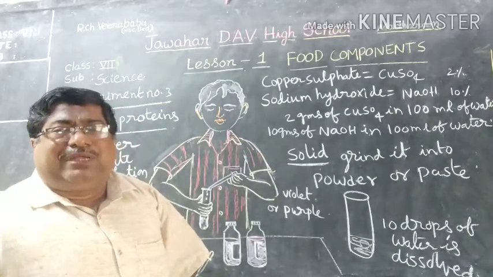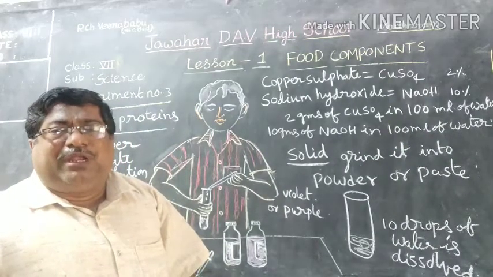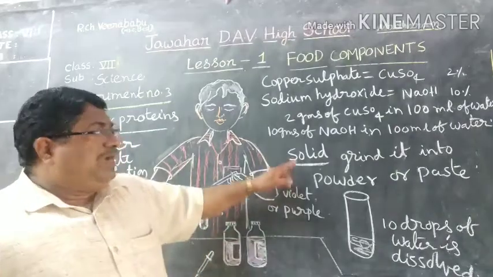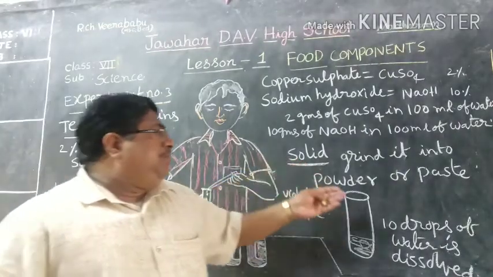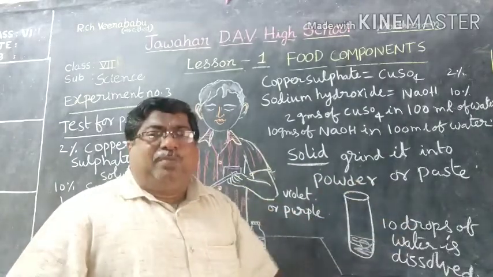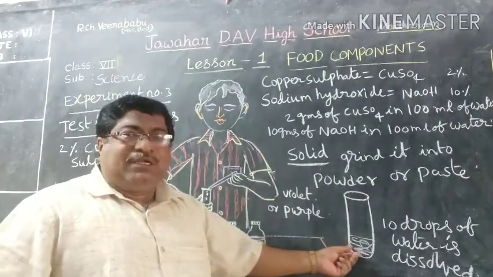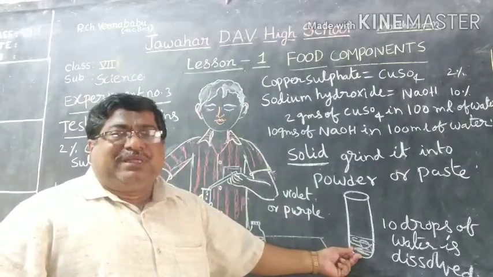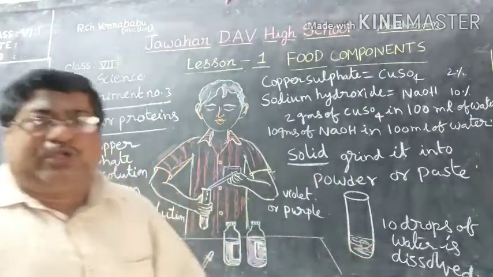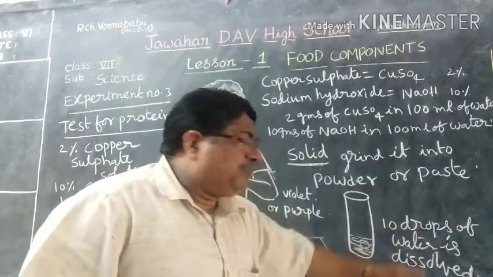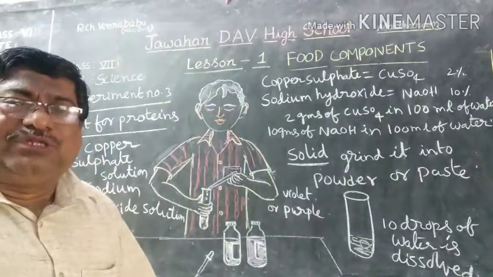Now if you want to test the presence of proteins in a solid substance, now we must grind that solid into the powder or paste. Now you take small quantity of this powder or paste in a test tube and we have to add 10 drops of water and we have to stir well.